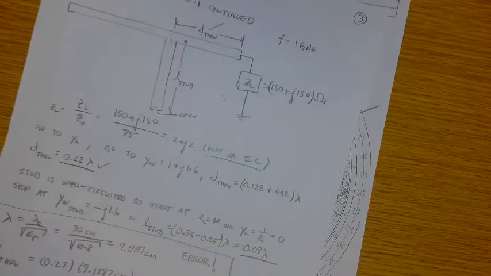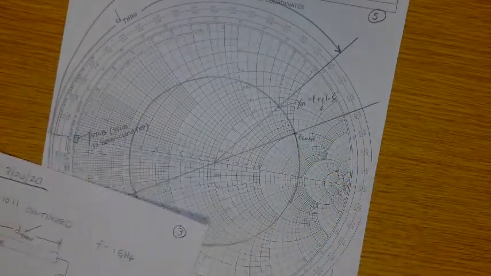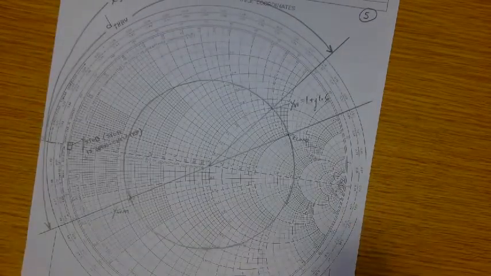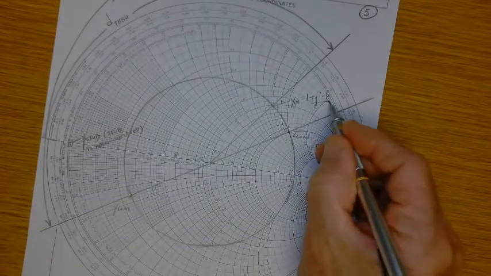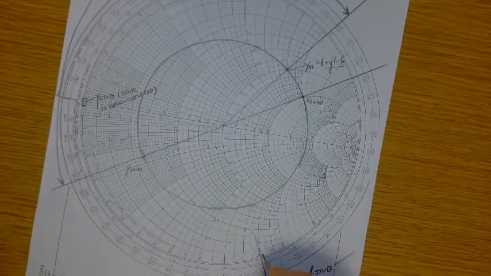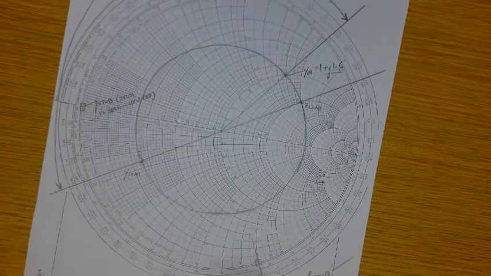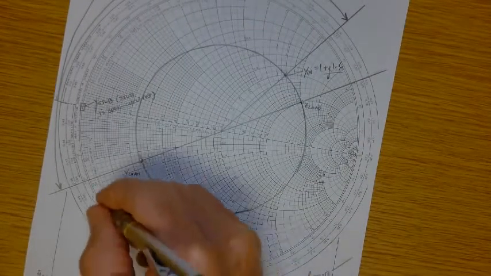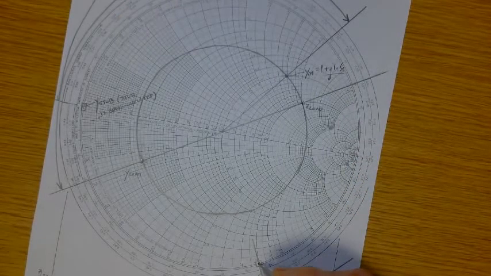Okay. Now I need to figure out how long this stub needs to be so that looking into it is minus J1.6. Where is minus J1.6? It's right here. Okay, it's right there at that location. The SWR circle for the open circuited stub is the periphery of the chart, right? So it's a new Smith chart problem, essentially.